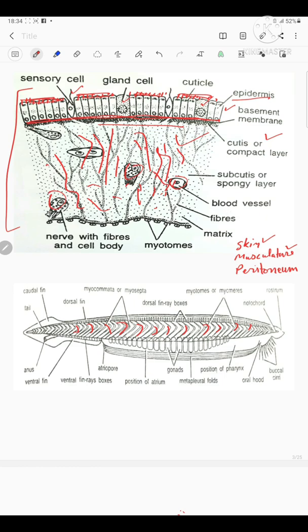It is spongy, and on the inner side this layer is attached with myotomes or musculature fiber. It is highly developed. The overall body maximum mass is formed of musculature or muscle fibers. There are no pigment cells in epidermis or cutis or subcutis spongy layer.